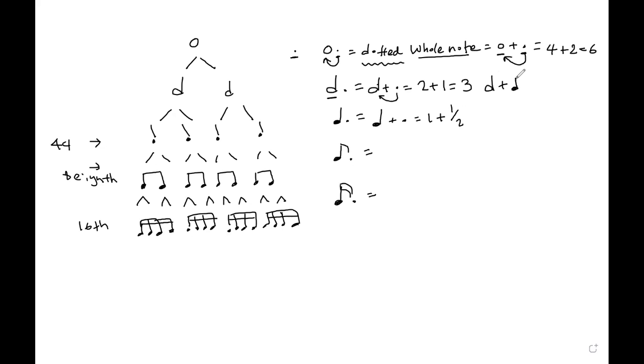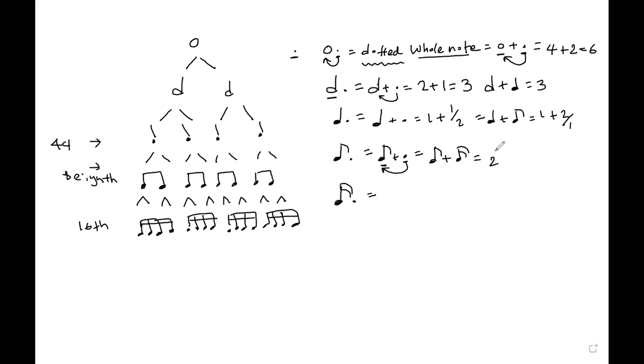And this one is quarter plus eighth note. So this one is 1.5. Okay. And this one, eighth note plus dot, half the value of the note. So this is eighth note plus 16th, right?